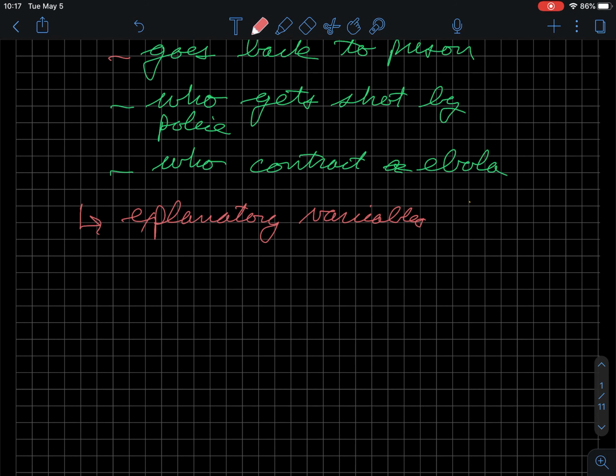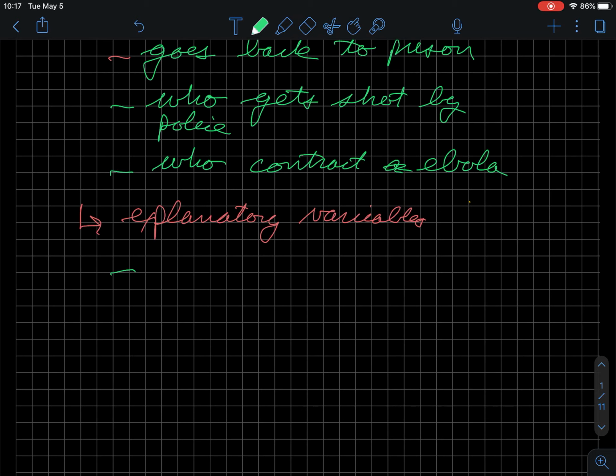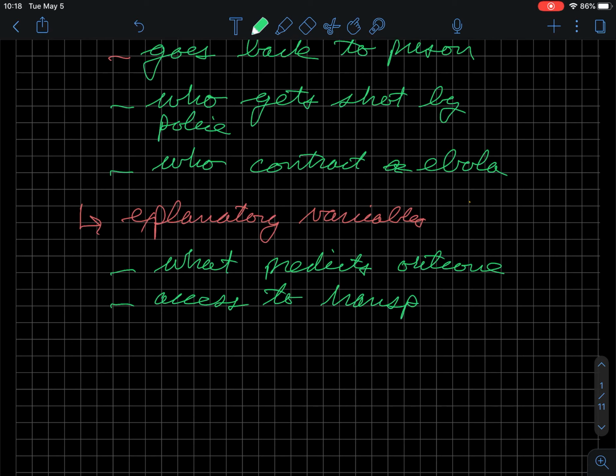And so if we think back to our example, what predicts the outcome? What can we use to figure out more? If we go back to prison, who goes back to prison? It could be access to transportation. Differences in that could predict it.